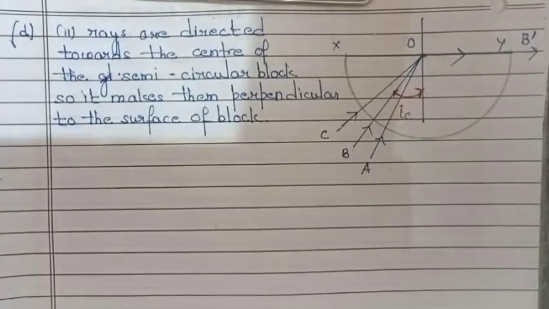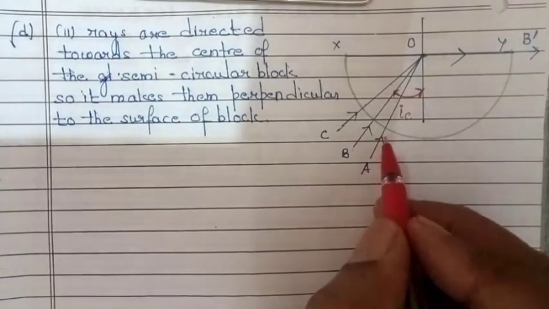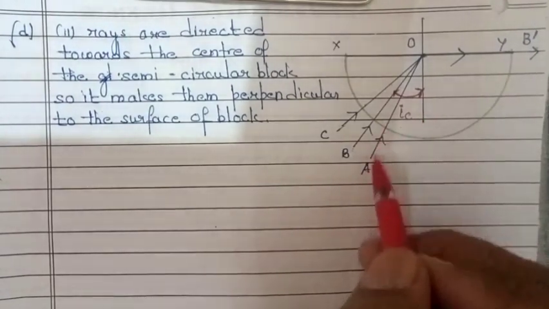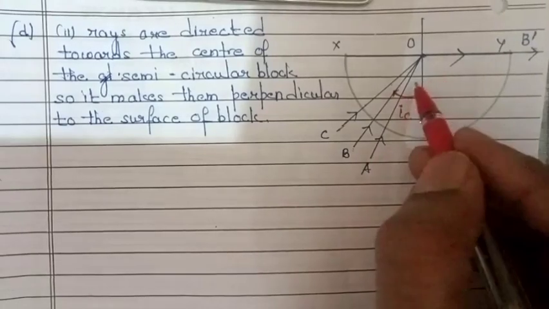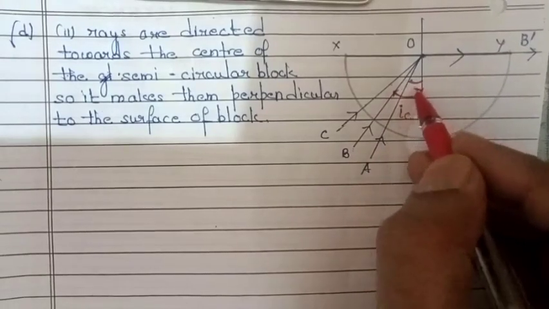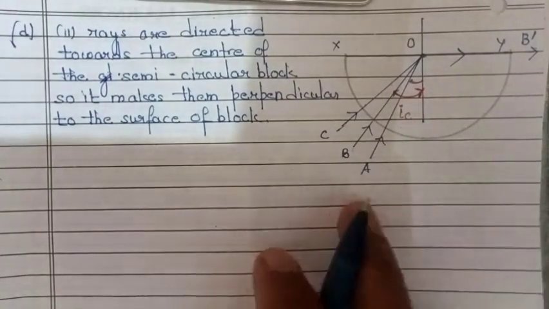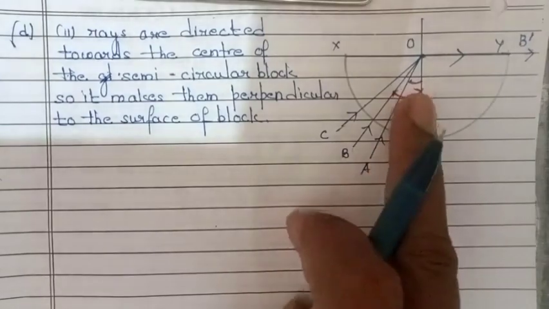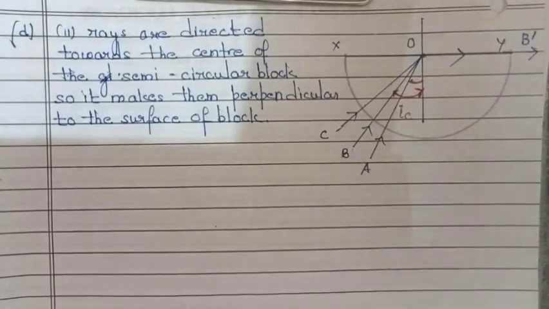Now compare their angle of incidence with the critical angle. If I compare angle of incidence of the ray A with the critical angle, you can see the angle is less than the critical angle.